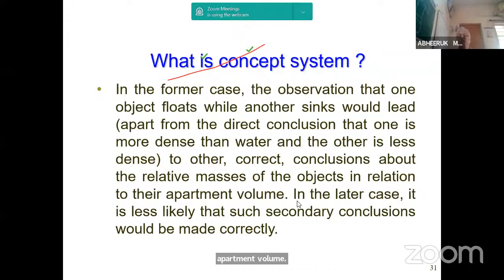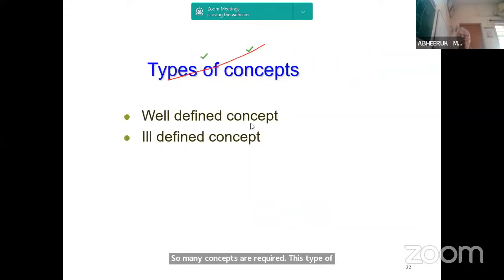In the latter case, it is less likely that such a secondary conclusion would be made correctly. When you teach these things, why does iron float in mercury? If you want to explain those things, many concepts of this type are required. So you have to learn in a group.